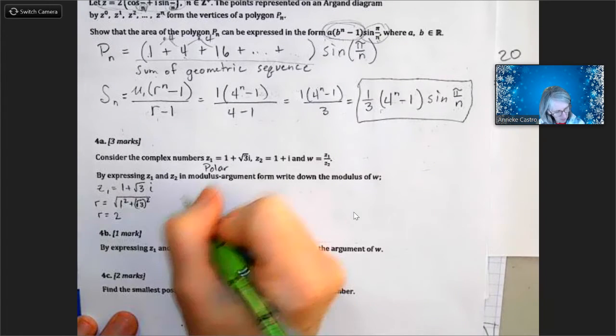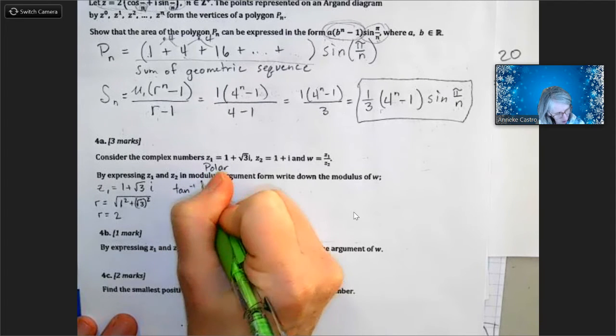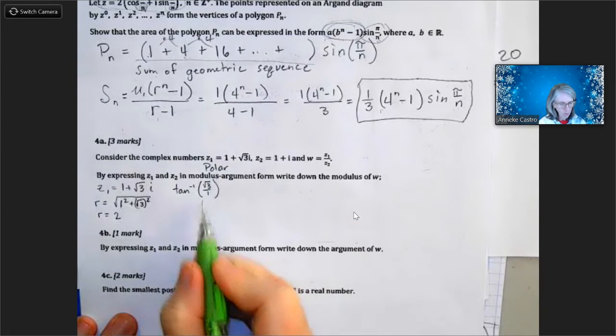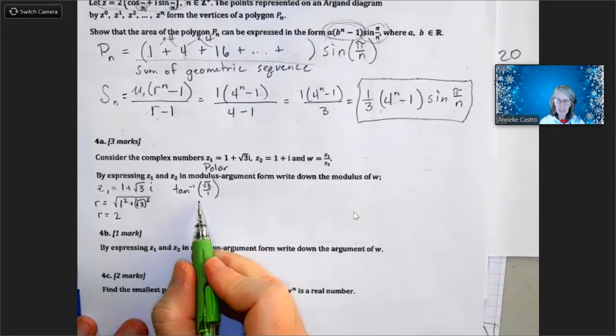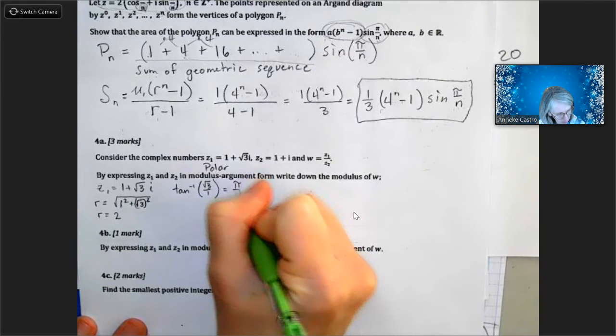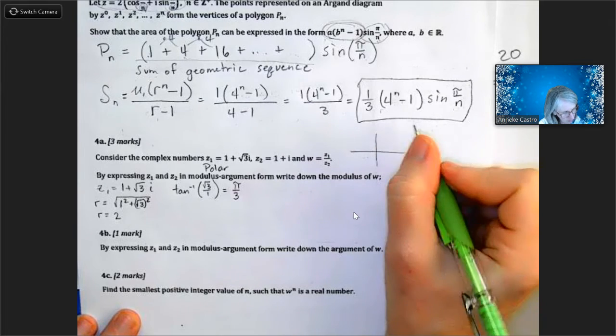And then to find the argument is going to be tan negative 1 of b over a. And hopefully you're getting used to seeing this. The tangent inverse of square root of 3 over 1 is equal to pi over 3. This is from the unit circle, so let me do a little sketch of the unit circle over here.